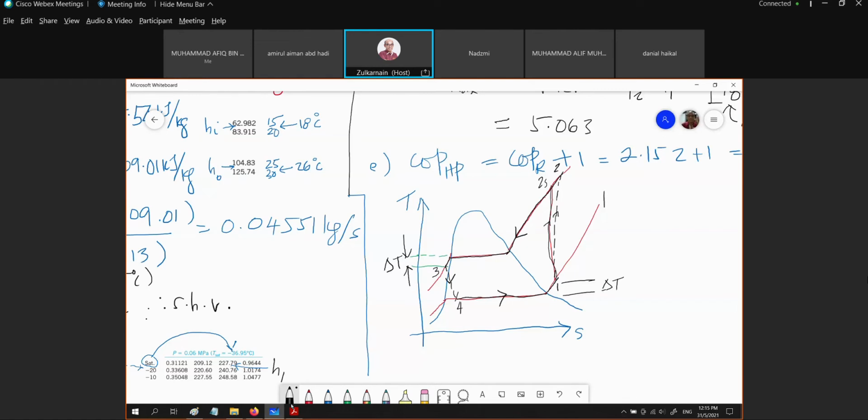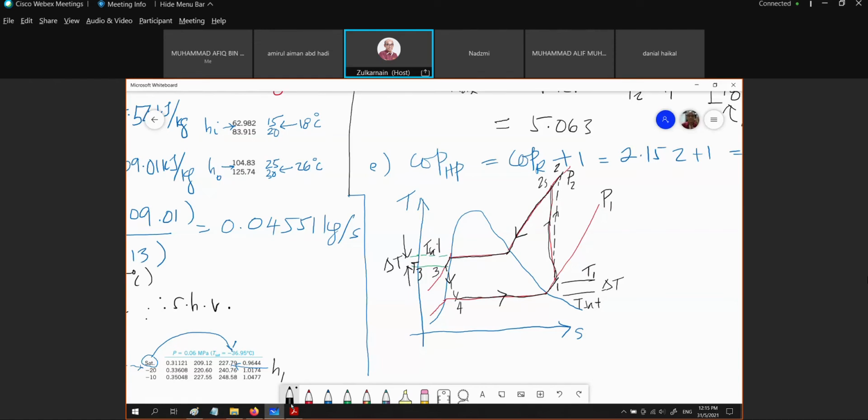So this is our P1. This is our P2. So this is our T2s. This is T2. This is our T3. This is our T4. This is our T1. Okay. So this is the TS diagram.